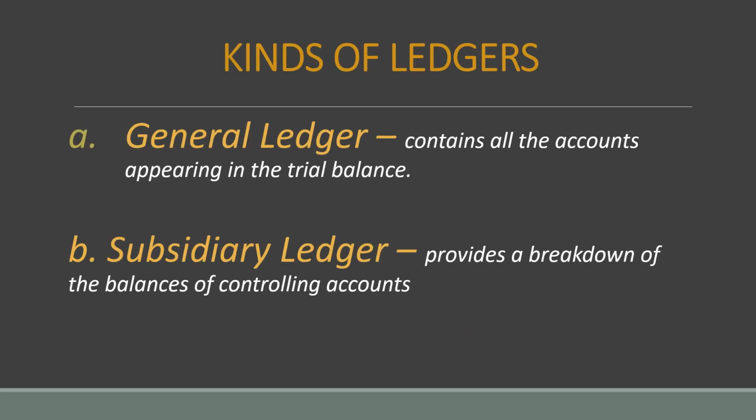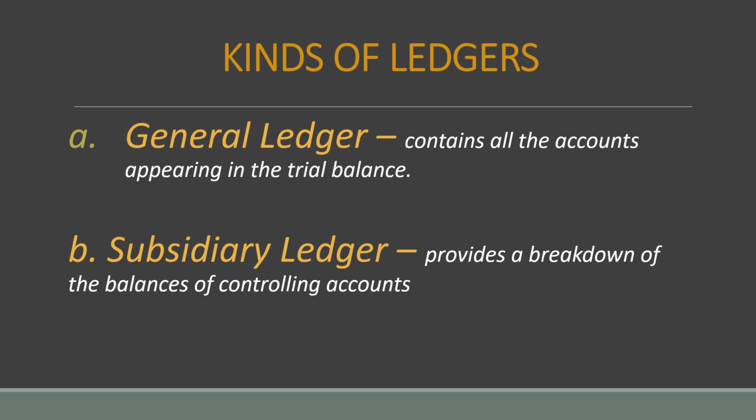So the two major kinds of ledgers are called general ledgers and subsidiary ledgers. So general ledgers contains all the accounts appearing in the trial balances, while the subsidiary ledgers are the ledgers that provides a breakdown of the balances of controlling accounts.